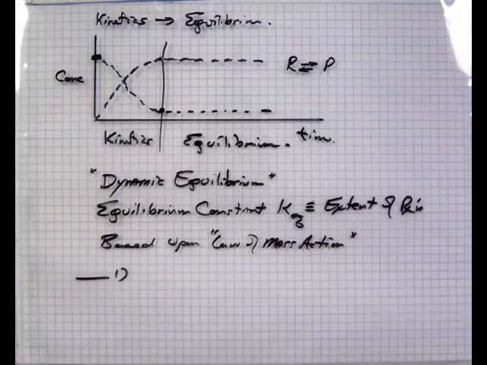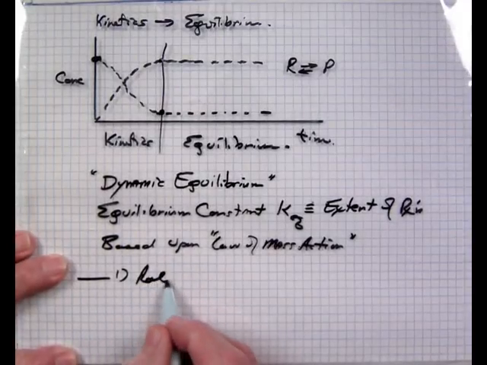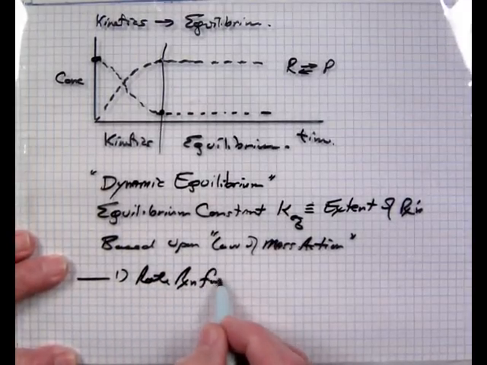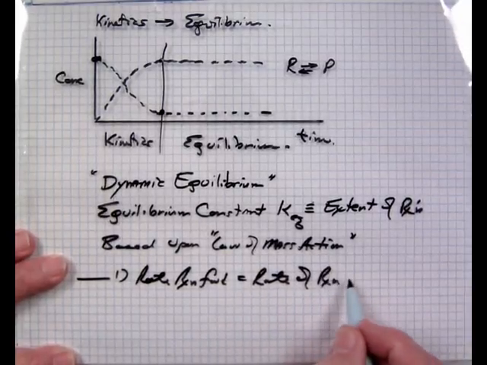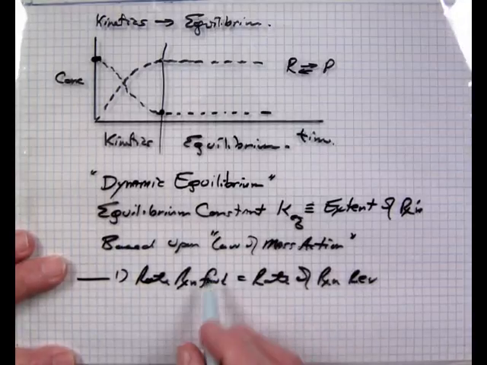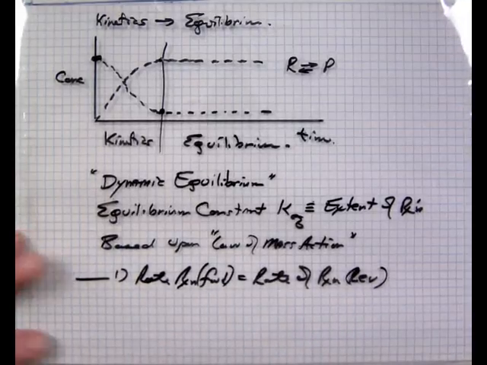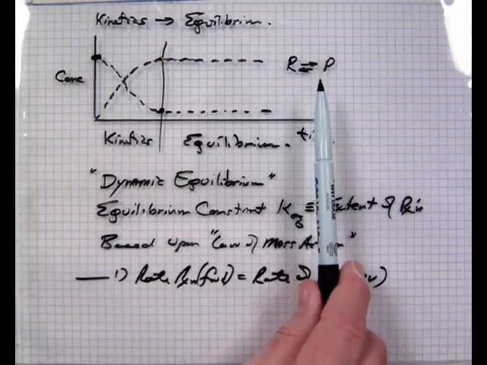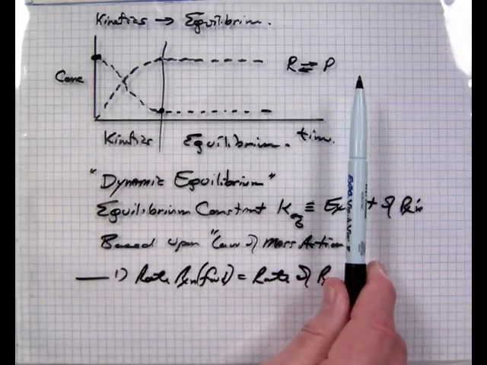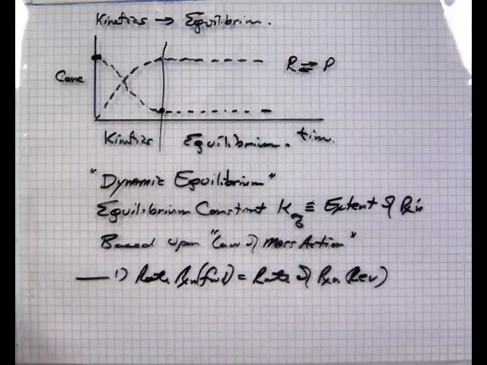It simply indicates that you have rates of reaction forward equal to the rate of reaction in reverse. Forward, reverse. So if you chose a hypothetical reaction and wrote the rate laws for a reaction going left to right and the rate law for the reaction going right to left, those would be equal.